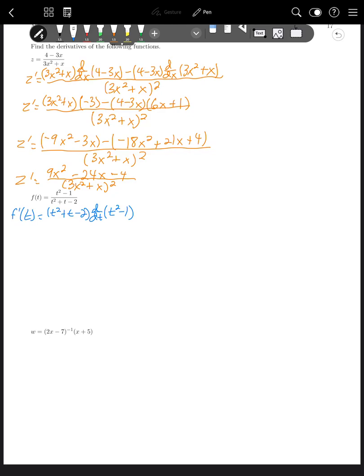But as we move further into this class and in future calculus classes and future math classes, it is important to be using proper notation. So since the variable here is t, that's why I'm writing d over dt instead of x like I did in the previous problem, because there the variable was x. So then minus the top times the derivative of the bottom all over the bottom squared.